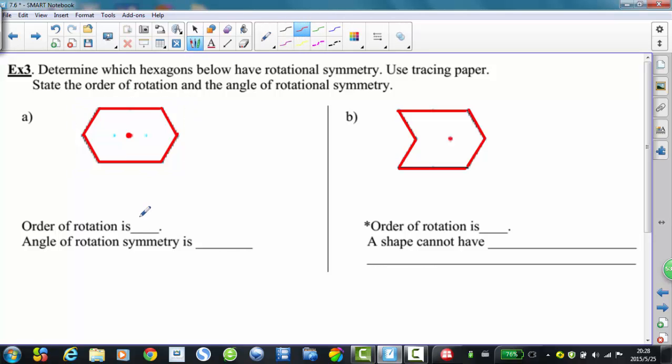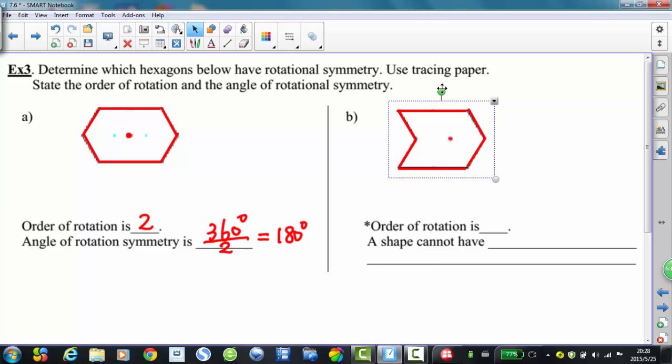This means the order of rotation is 2. And the angle of rotational symmetry is 360 degrees divided by 2, which is 180 degrees. That means every time you need to rotate 180 degrees in order to have this hexagon coincide with itself.